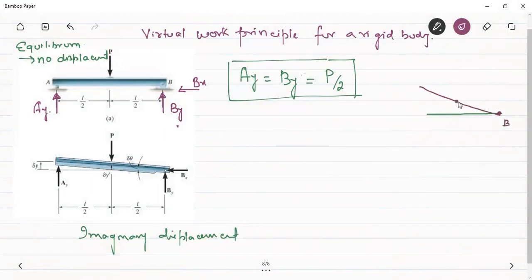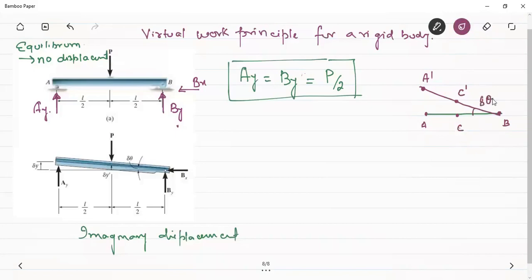Let's treat the midpoint to be C. It has moved upwards, and point A has also moved upwards. So if this was A and this was C, this will be C dash, and the rotation has been given by an angle of delta theta.